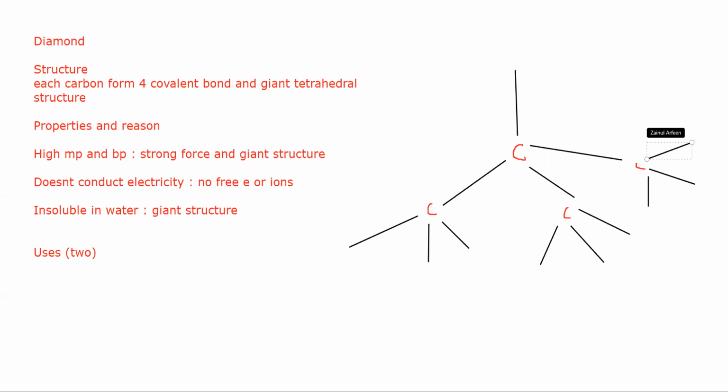This was about diamond. The second giant structure which you have to learn: the uses you have to write by yourself, that's why I did not mention a use here.